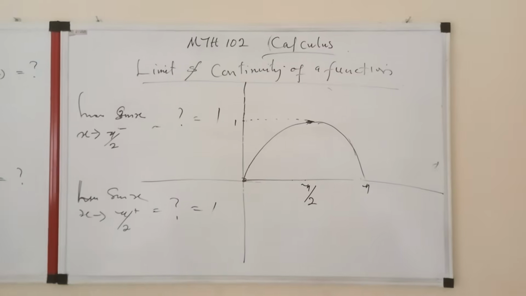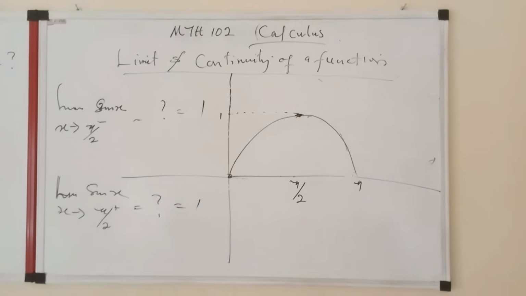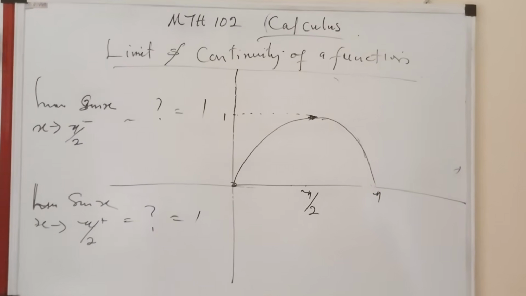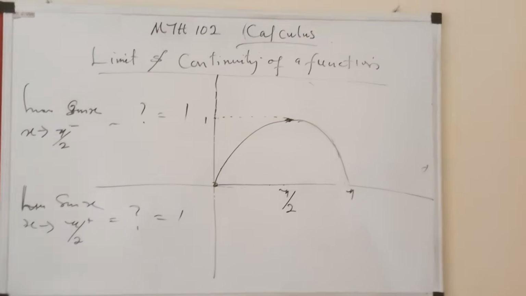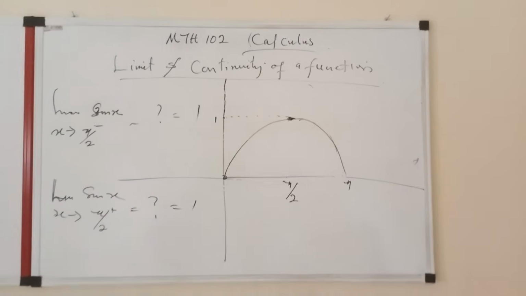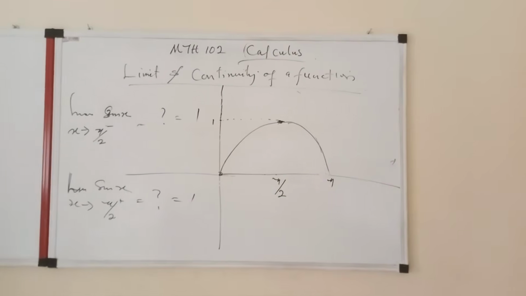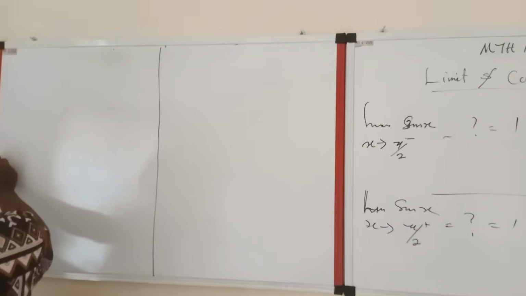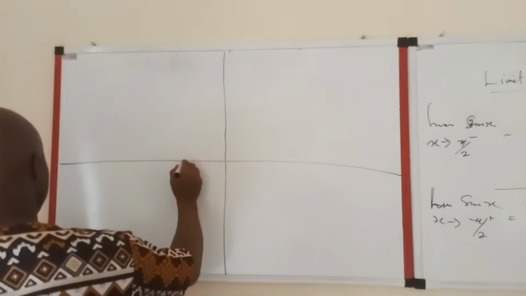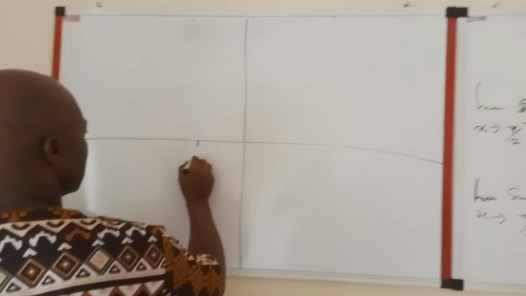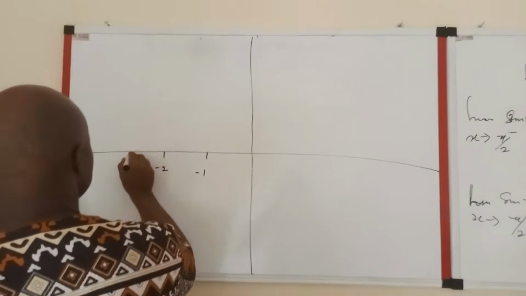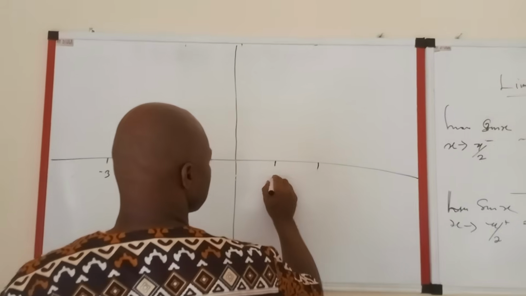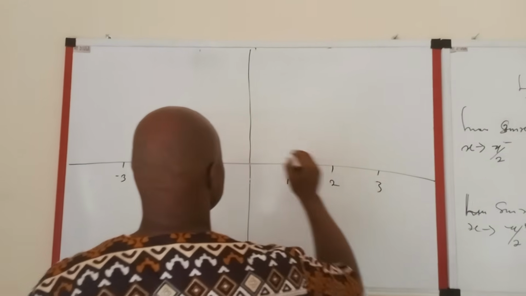Let me give you another one to further illustrate what we have said. Now, if we have a function where we have -1, -2, -3, we have 1, 2, 3, and so forth.